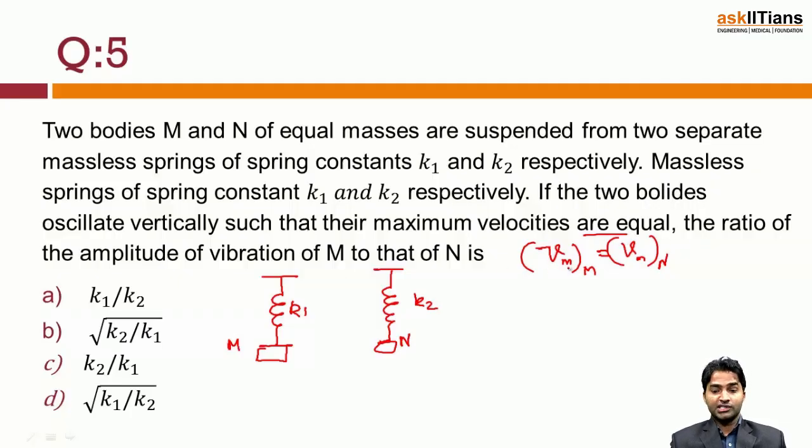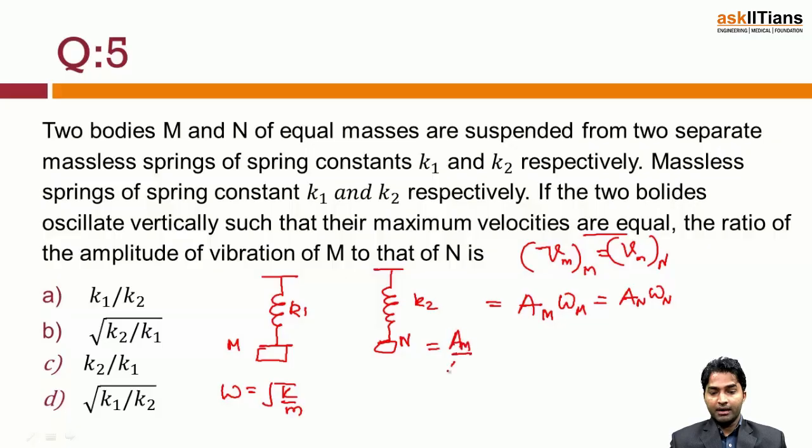So we know that maximum velocity is equal to amplitude A_M into omega_M, which should be equal to amplitude of N into angular velocity of N. And we know that omega is equal to root of k by m. Masses are also given, so we have to find the ratio of amplitude.